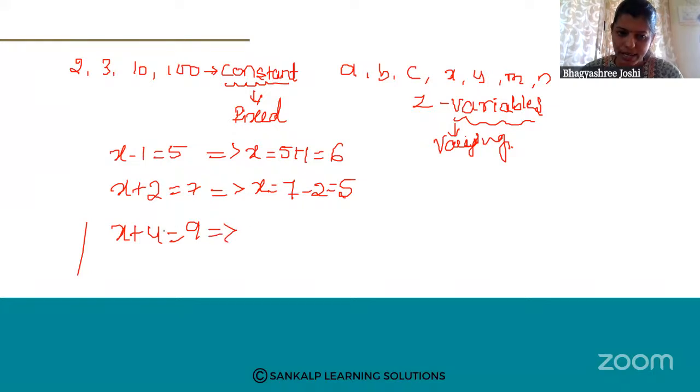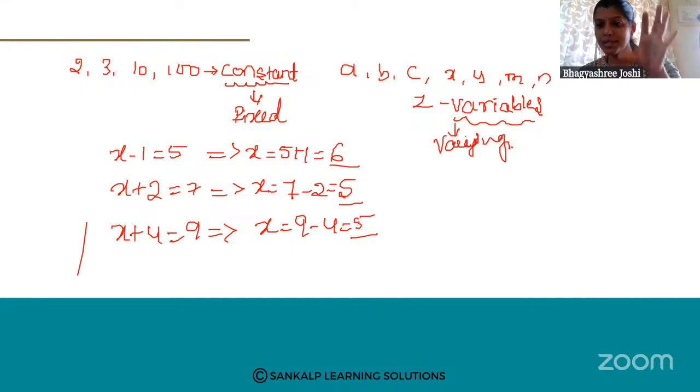Here, if you transfer 4 to this side, X is equal to 9 minus 4, that is 5. So here X value is 6, 5 and 5. That means depending on the situation, variable values will change. Variable values keep changing, fixed values remain fixed.